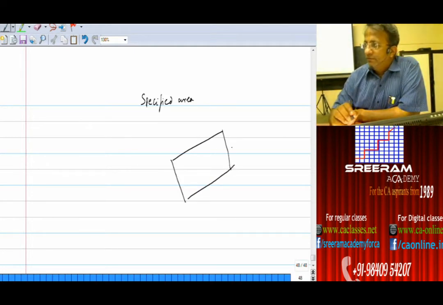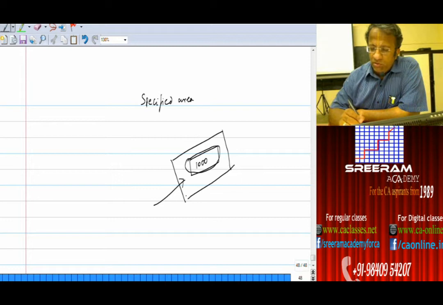You have a small location. This is 1000 square feet area. When I have to assign value for this 1000 square feet area, should I give importance to the land appertaining to the building, or should I ignore it?